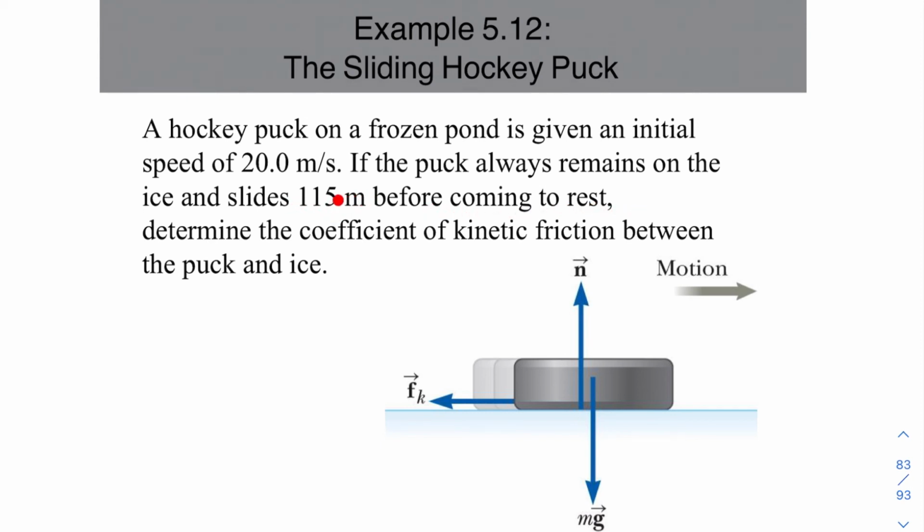So this is the displacement, or distance traveled by the hockey puck. So list down all the forces acting on the hockey puck. We have normal force, we have weight, we have friction in the opposite direction to the motion.